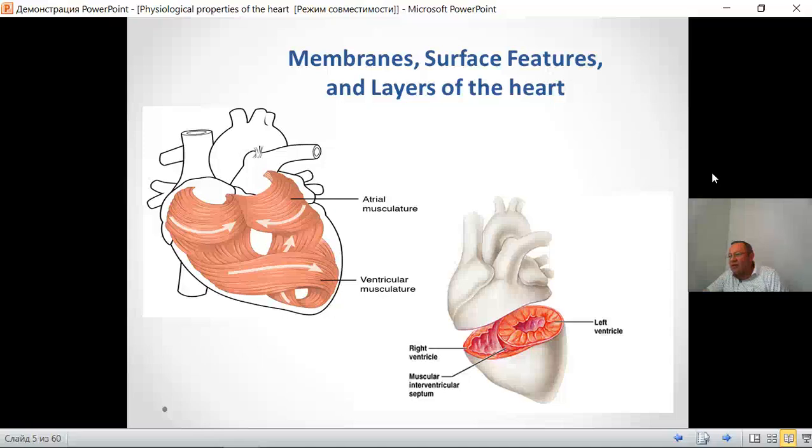The left ventricle must generate a great amount of pressure. The right ventricle does not need to generate as much pressure, since the pulmonary circuit is short and provides less resistance.